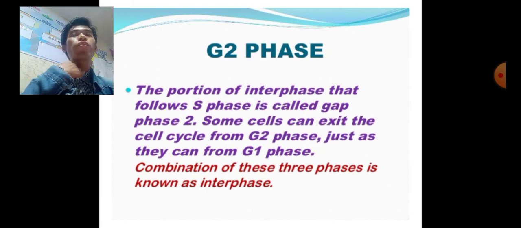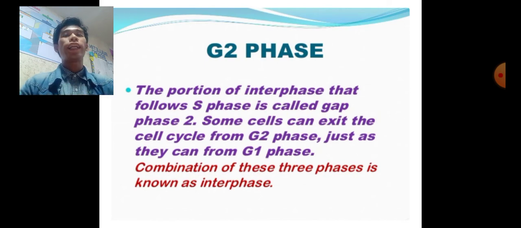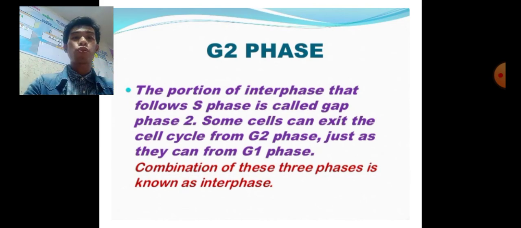So in the G2 phase, there is a gap from the beginning until the end, which is why there are combinations that happen in interphase.